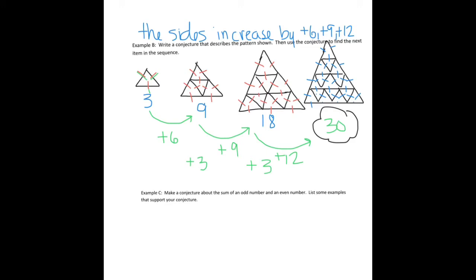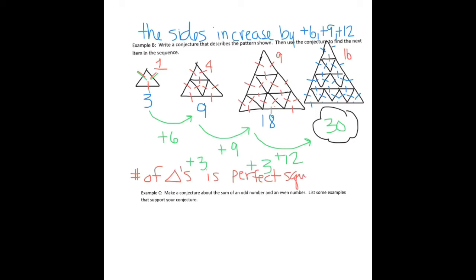The other thing that I noticed is that the number of triangles, if you were to count the triangles, this is 1 triangle. I'm going to use a different color. This is 1 triangle. This is 4 triangles, 9 triangles, and 16. So I also noticed that the number of triangles is a perfect square.